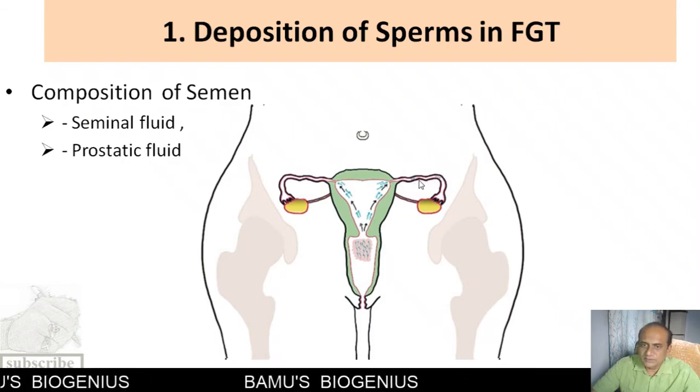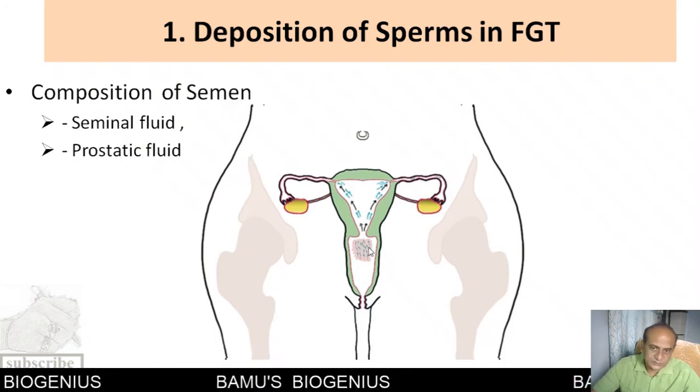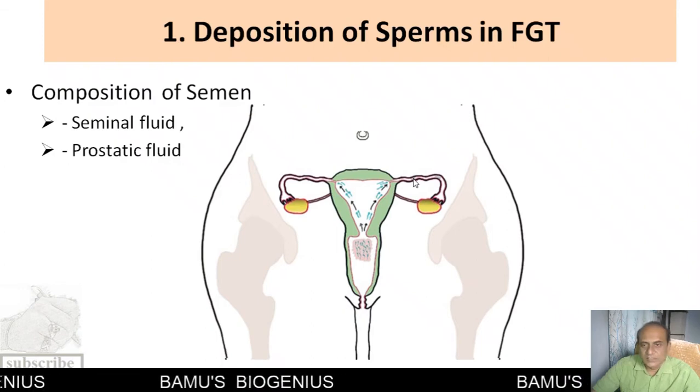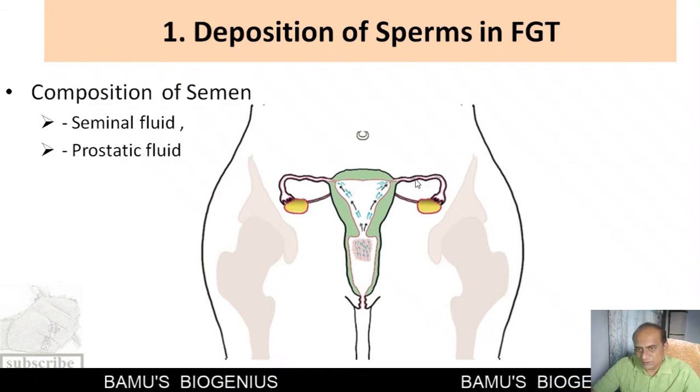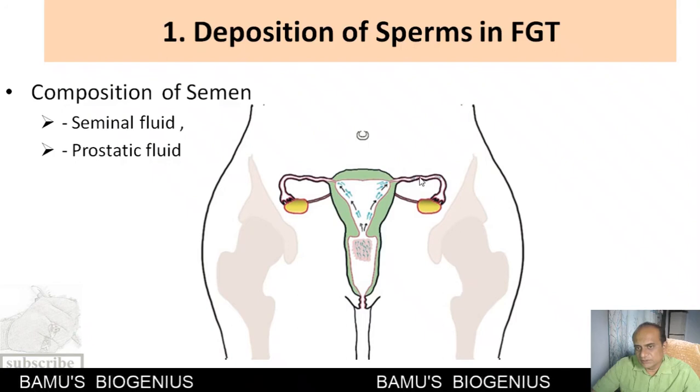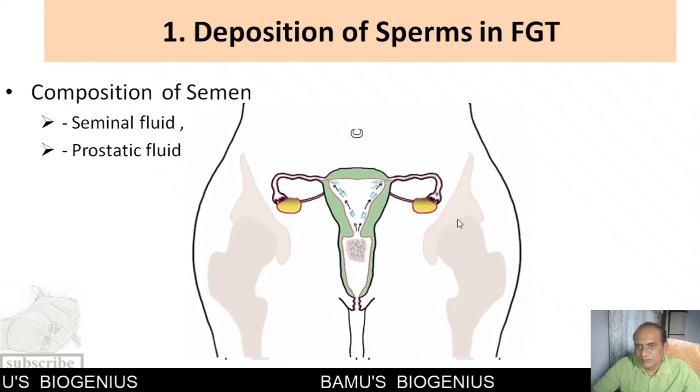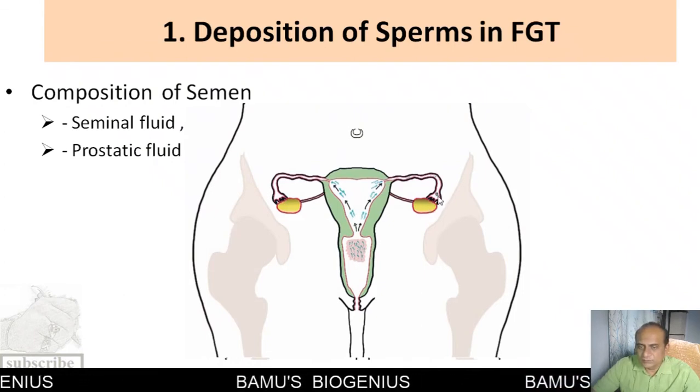Of the sperms deposited in the vagina, only about 1% are able to come to this region of the fallopian tube. From this region, the sperms move towards the ampullary region, where in the ampulla of the fallopian tube, the sperms fertilize the ovum.